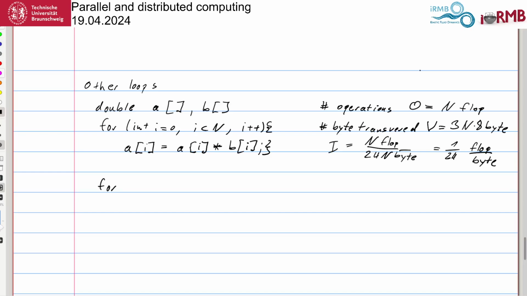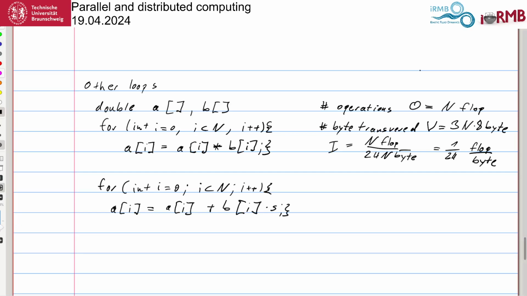So another example. Here for int i is equal to 0, i smaller than n, i plus plus, and we do the computation s is equal to A[i] times B[i] plus s.